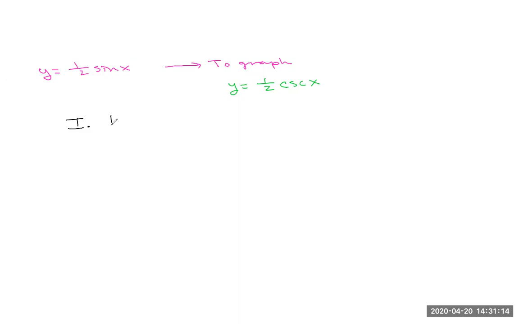So still find your a value with absolute value, but we're not going to call it amplitude. Find your b value. Your period is actually the same. C is 0, D is 0.